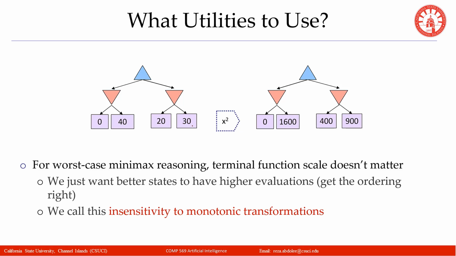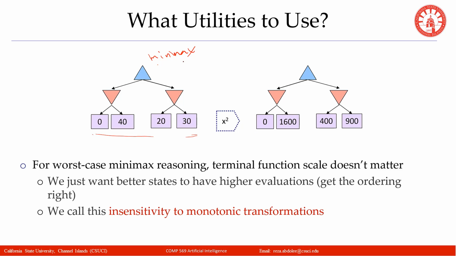So assume here that we have the minimax algorithm running, and then somehow we decided to square all those values at the terminal nodes, and we want to know how this is going to impact our final decision in the minimax problem.